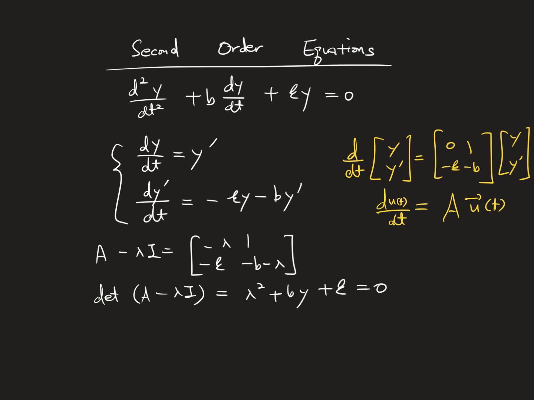So in this way we can get the eigenvalues, and then we can get the eigenvectors. If we have an initial condition, we can represent the initial condition vector as a linear combination of eigenvectors, and in that way we can solve this second order equation.